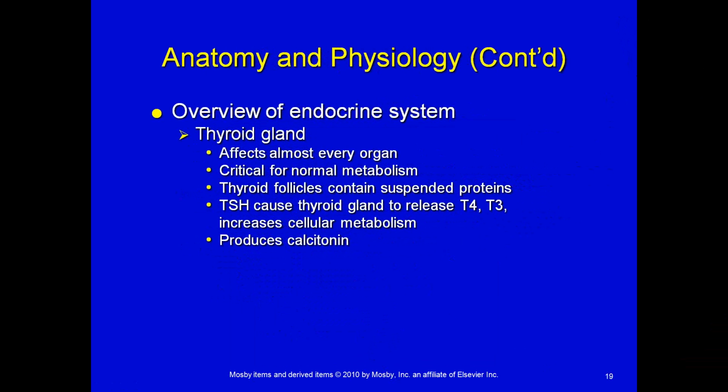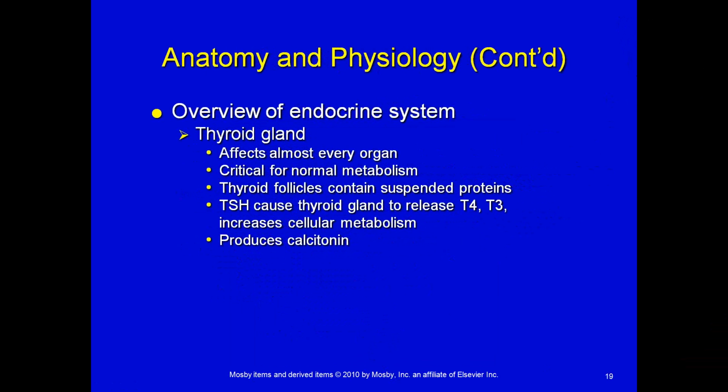All right, the thyroid gland sits in the neck, and it affects almost every organ in the body because it's important for normal metabolism. Thyroid follicles contain suspended proteins that cause the gland to release TSH, or TSH causes the gland to release T4 and T3, which are your thyroid hormones. And when released, these increase cellular metabolism.